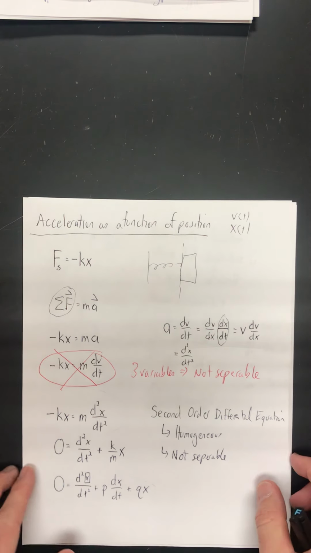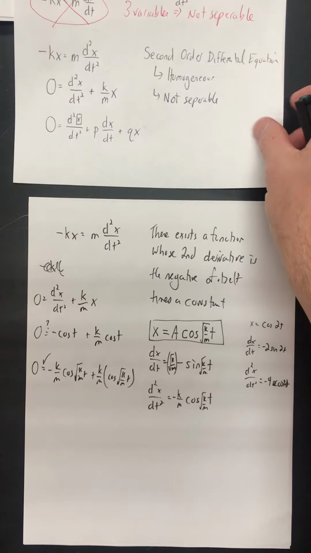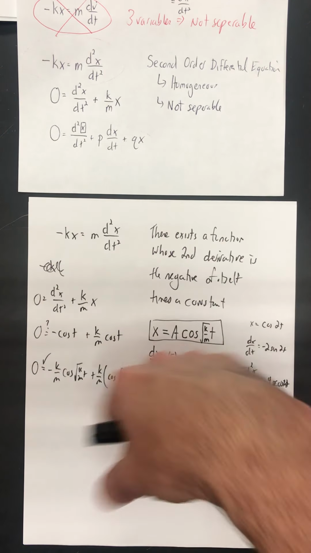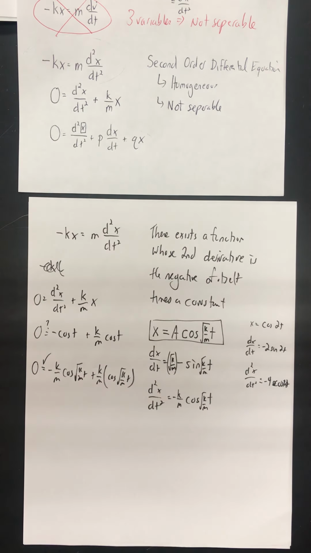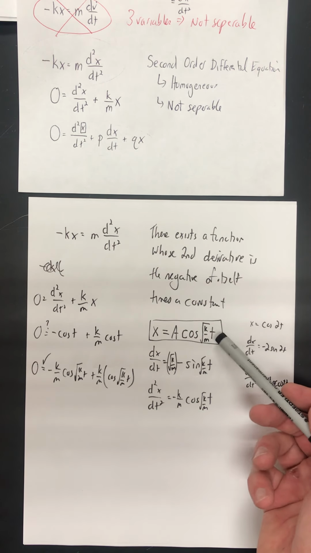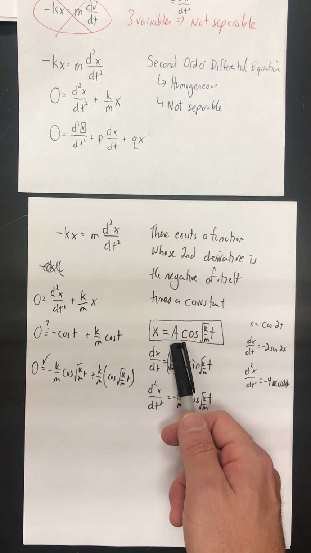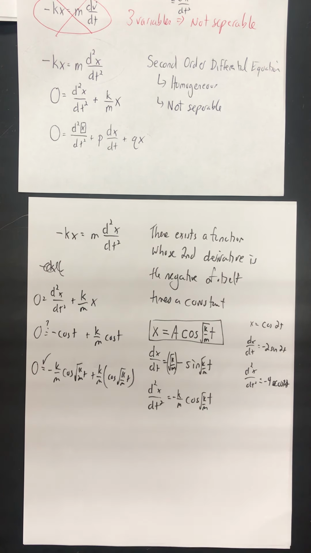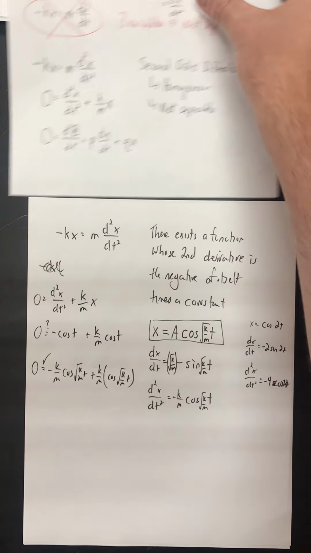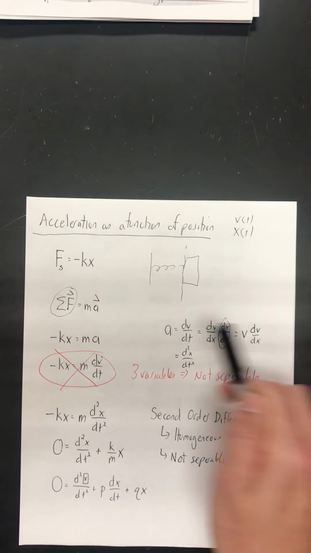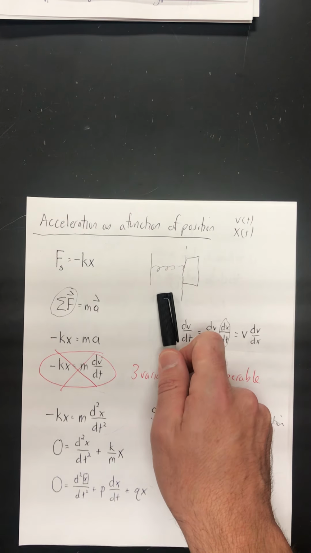At this point, I'm not going to expect you to be able to solve second order differential equations like this, like I was just talking about, but I did want you to think about that, mostly because look at that answer. This says the position is a function of the cosine. So in other words, it's oscillating. Remember what our system was. We had our system here, which is a mass and a spring.